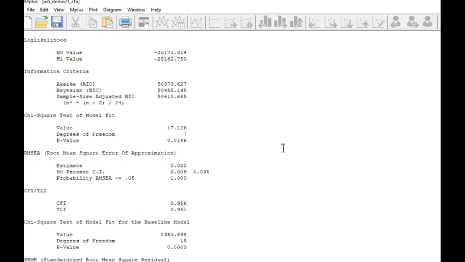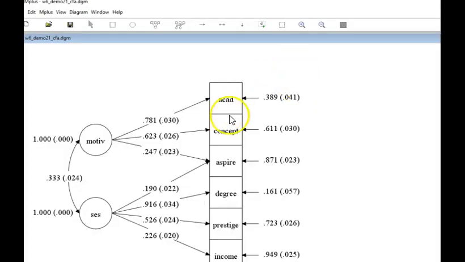There are a lot of good resources for learning about how to calculate and examine model fit. One of the things that you might want to do when you're running a CFA, let me look back at the diagram, is decide this was your original model and you want to trim it.